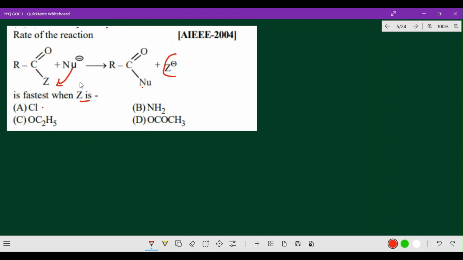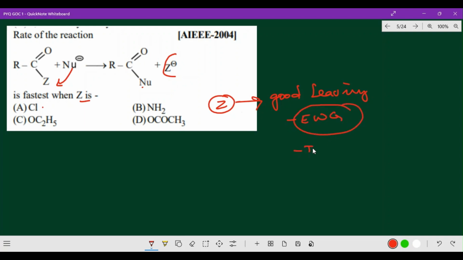Usually, for the nucleophile to attack this point, Z has to be a very good leaving group. A good leaving group might be an electron withdrawing group, which has a minus I effect. So please remember, and one more thing, it has to have more electronegativity. These are all you can consider.